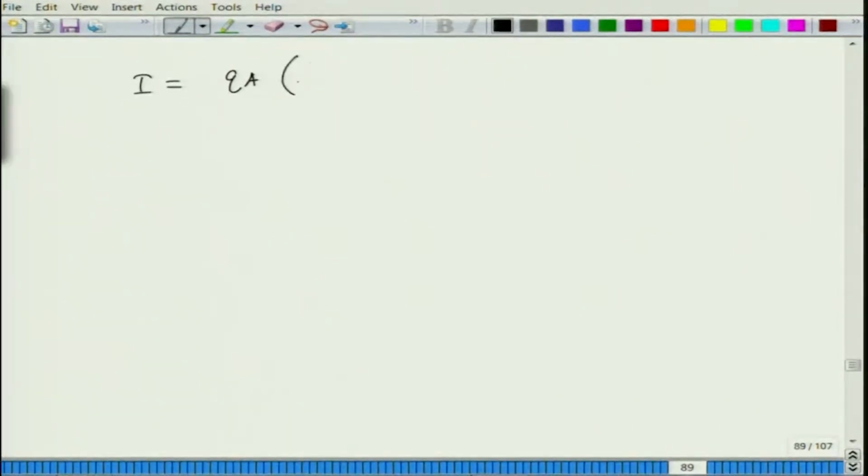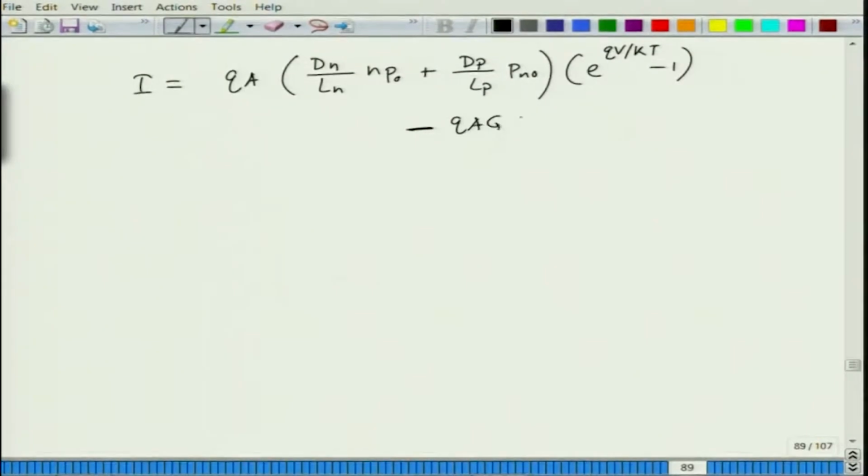So, from there we will have, right, this we have seen in case of IV curve for dark situation, and then we have this minus shift, isn't it.